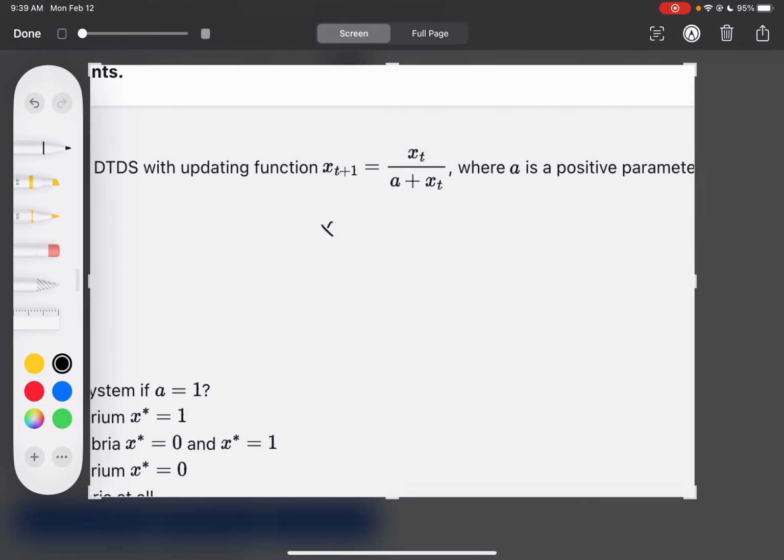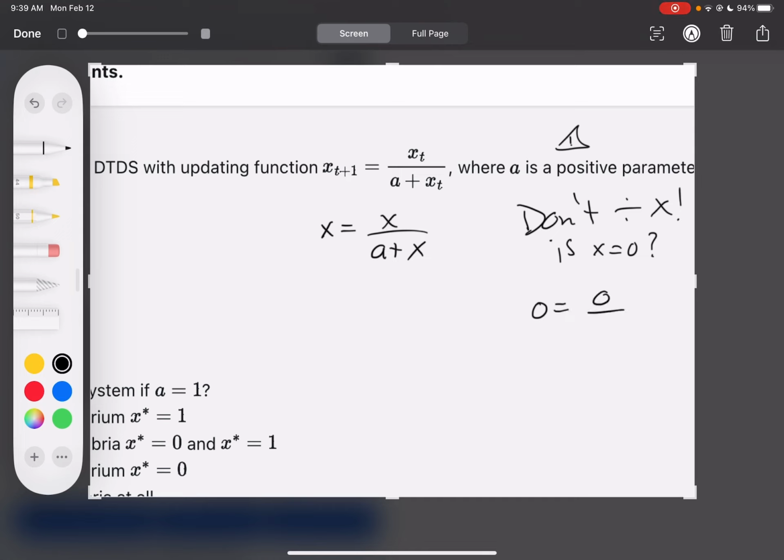And we're trying to solve x is equal to x over a plus x. What do we do? First off, don't divide by x. This was my warning from last time. X is a variable. If you want to divide by a variable, you've got to make sure it's not 0. What does that mean? Well, we should ask ourselves, is x equal to 0? Could that happen? Plug it in.